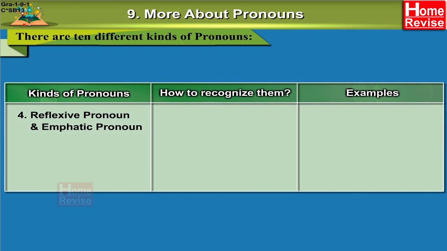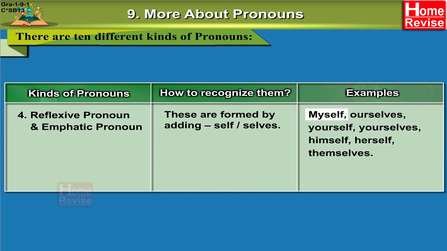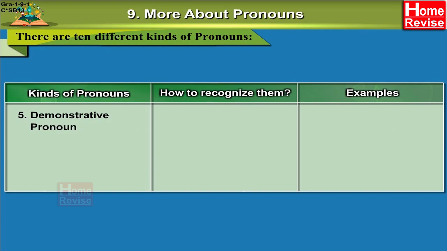4. Reflexive pronoun and emphatic pronoun. These are formed by adding self or selves. Examples are myself, ourselves, yourself, yourselves, himself, herself, themselves. 5. Demonstrative pronoun. This is for a noun that has been already mentioned.